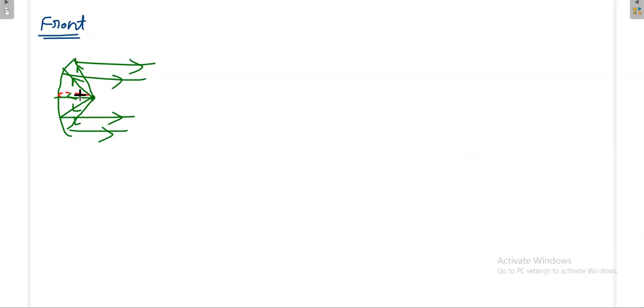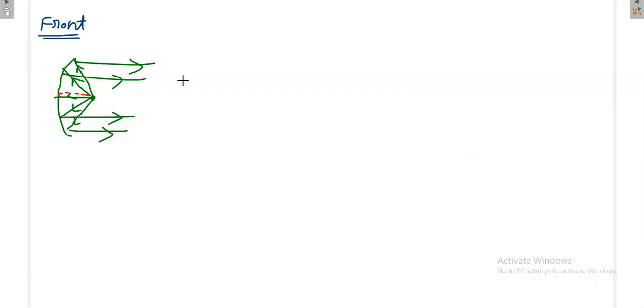The feeder's job is only to give the signal, but now it has to accept the signal as well. So the stability of the feeder will be affected, because its job is to give the electromagnetic signal to the disk, but it is getting reflected energy and has to accept it. That is one major problem in the front feed: the stability of the feeder is affected due to reflection.